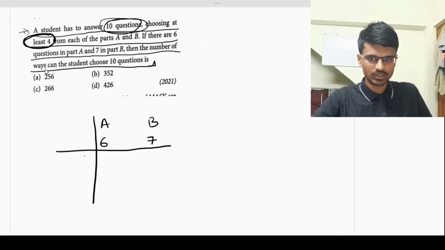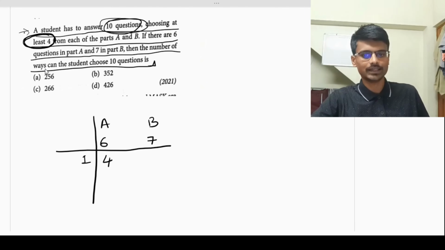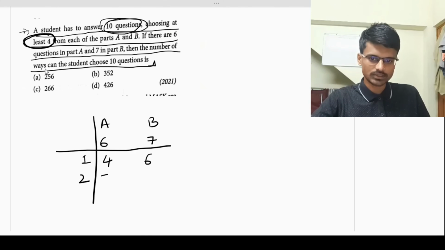So what could be the first case? You can answer 4 questions from part A. Then, as he needs to answer 10 questions, how many are the remaining questions? 10 minus 4, which is 6 questions. 6 is greater than 4, so this is valid. Moving on, he can answer 5 questions here.